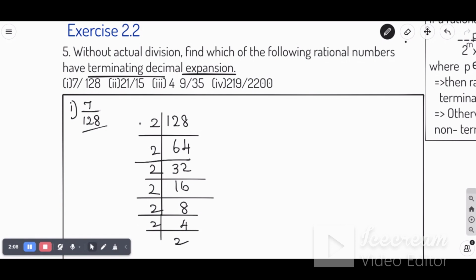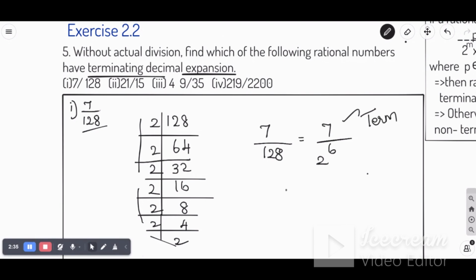So how many 2s here? 1, 2, 3, 4, 5, 6. And don't forget the 7 also. So this will be equal to 7 divided by 128, which you can simply write as 7 divided by 2 power 6. So you are able to express it in terms of 2 power 6, and we can conclude this is a terminating decimal.